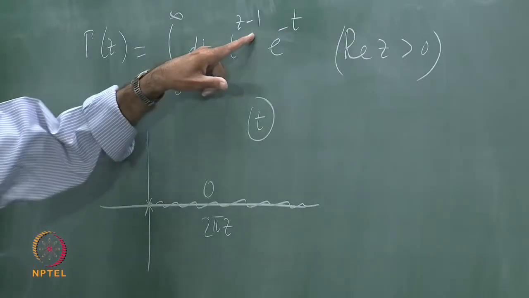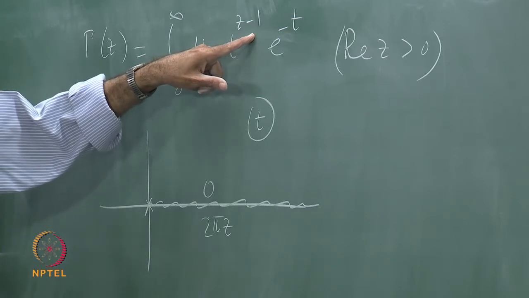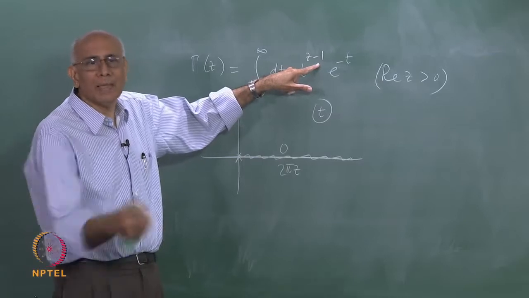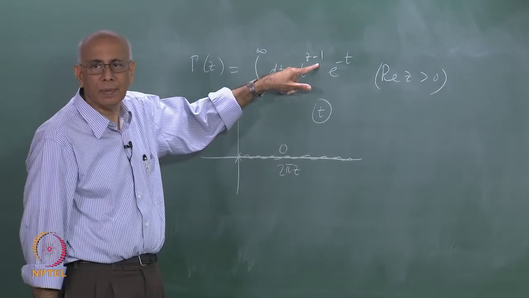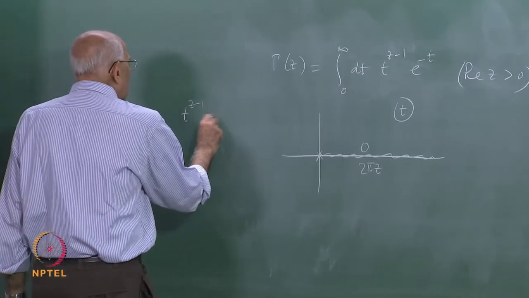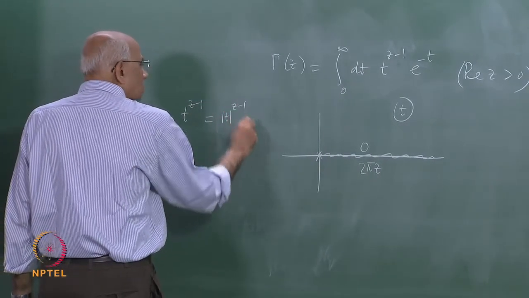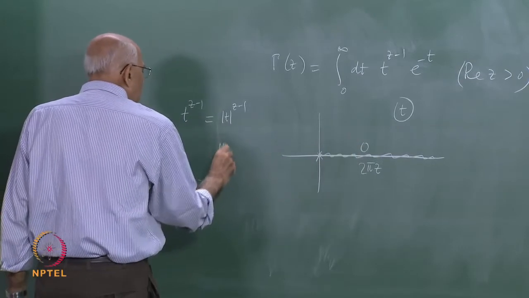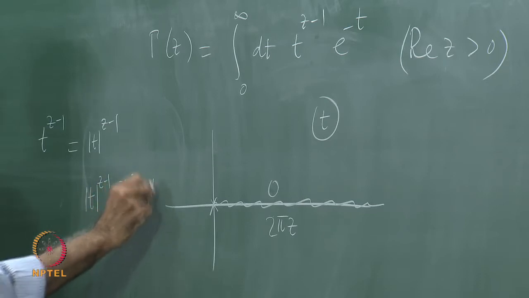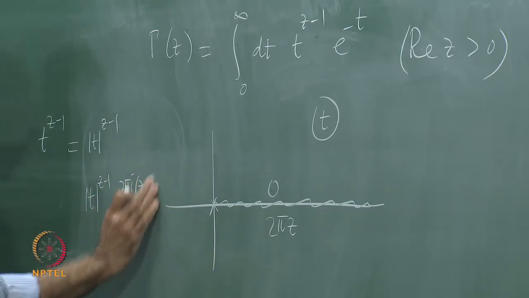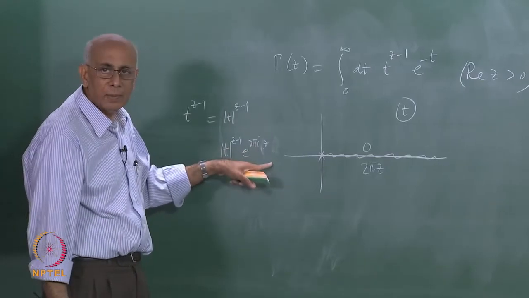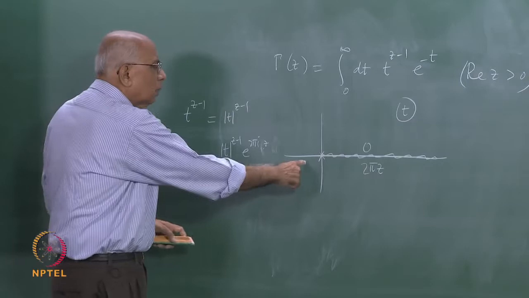Why do I not bother about the minus 1? The extra factor becomes e to the minus 2 pi i, and that is 1 of course. So all that I am saying is that t to the z minus 1 equals mod t to the power z minus 1 above, and it is equal to mod t to the power z minus 1 times e to the 2 pi i z below, and the minus 1 is gone because e to the minus 2 pi i is 1. So the phase is 2 pi z, that is all I have written down here.